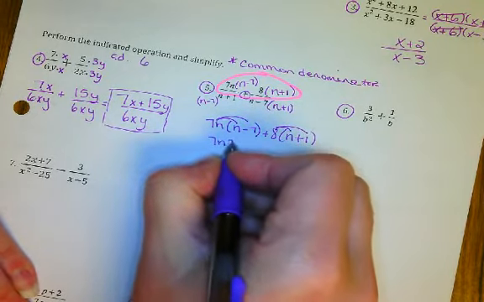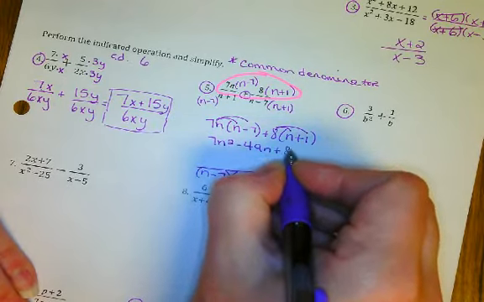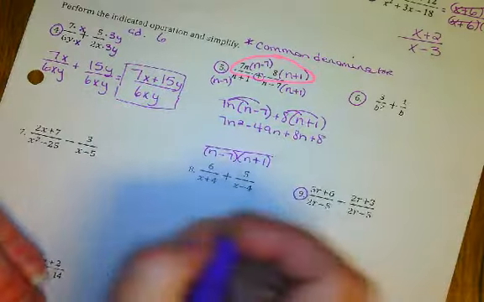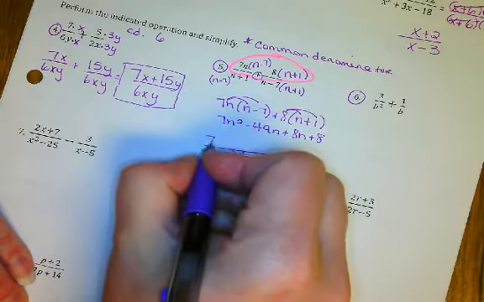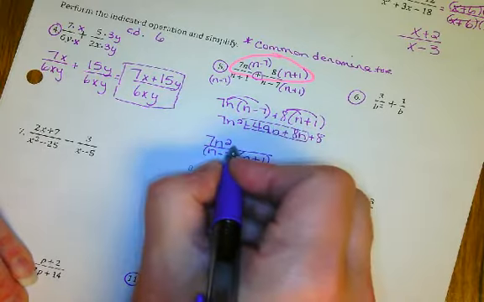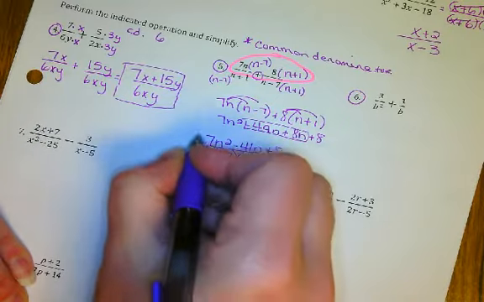That gives me 7n squared minus 49n plus 8n plus 8. And then I'm going to start combining what's alike. There's nothing to combine here, so 7n squared. I can combine this, and I get negative 41n, and then plus 8.